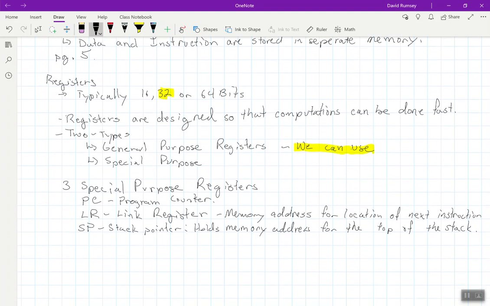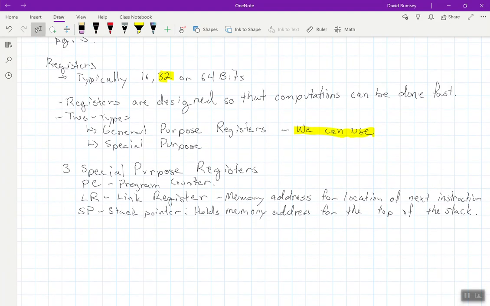Now we want to talk about these a little bit. When I say we can use general purpose registers, we're not going to physically program anything to use, let's say, register 0 or register 5. The compiler is going to take care of all of that.